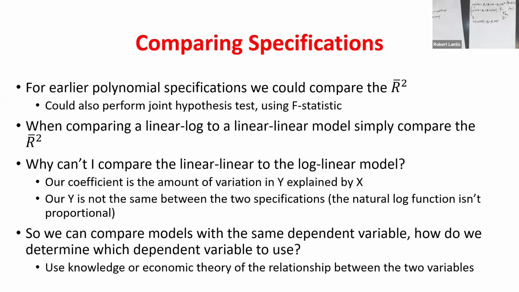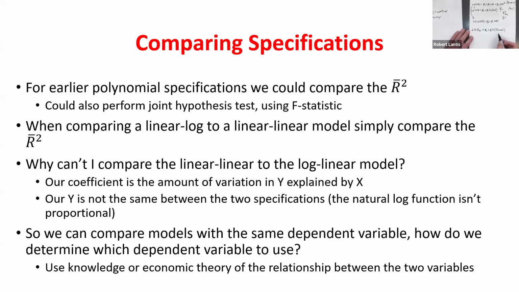Now, there's also going to be an issue, even if I have something like income, and maybe I think percent changes matter. So let's say I've got a model. I think I've got some data here. So life expectancy and I'm taking the natural log of income, right?